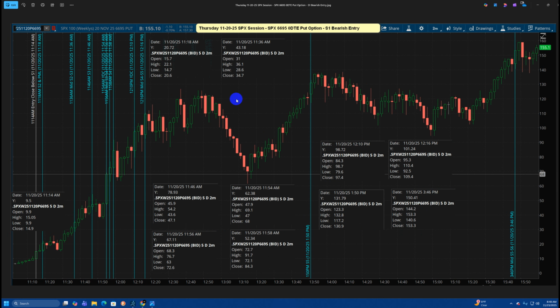Next, we have the furthest out of the money on the S1 bearish play, the 66.95. Here's the entry here, 11:14, 14.90. Here's the scalp, 11:18, one level scalp. Here's the minimum 1.5 level move here for the regular trade, 11:36.